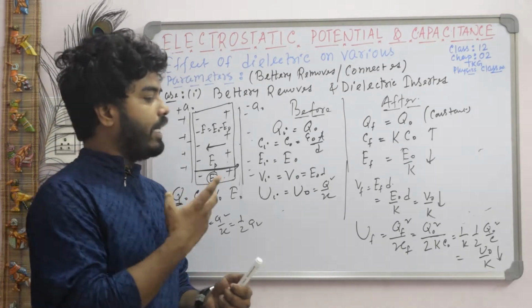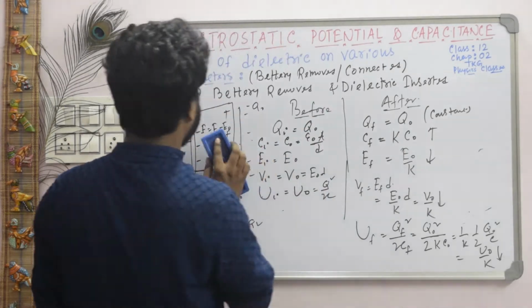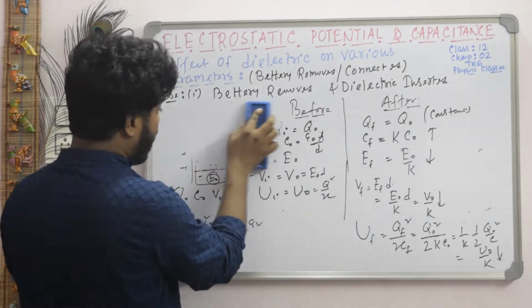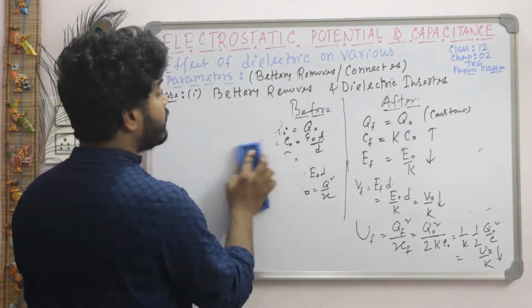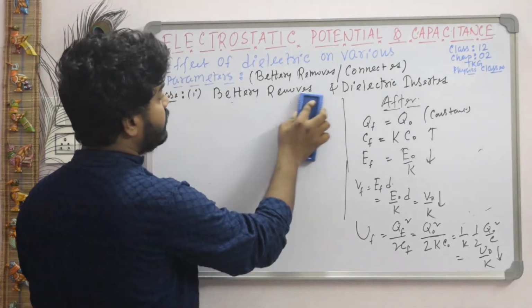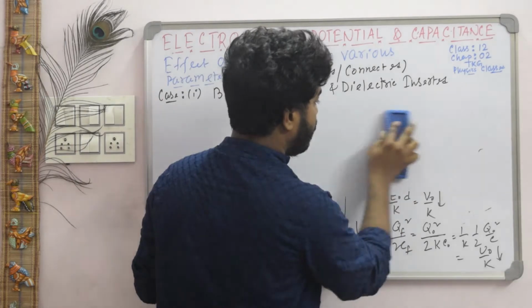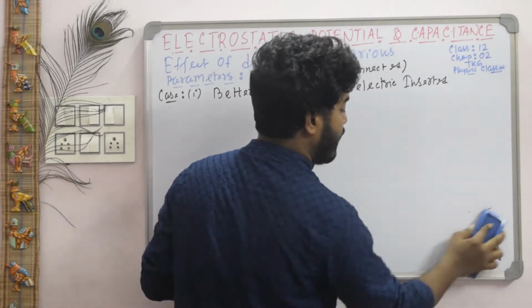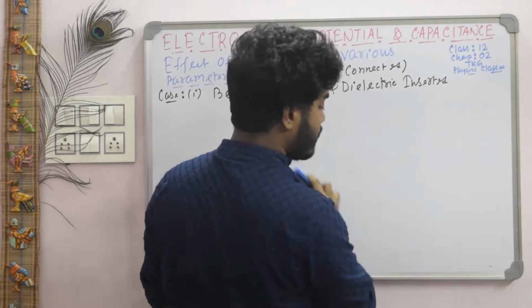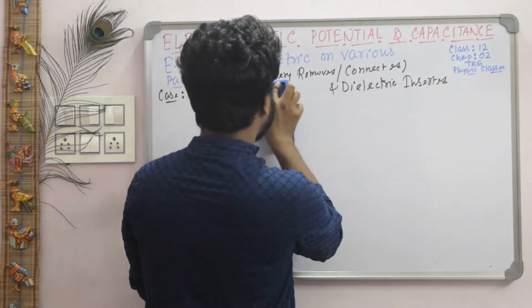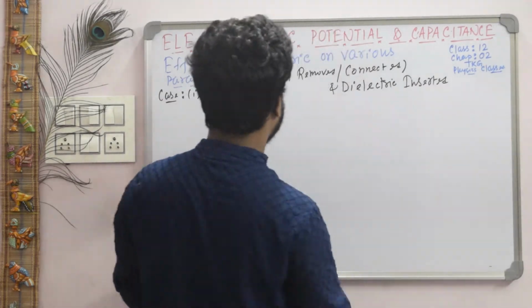Okay, now the second case, and the second case is when the battery is connected, then the dielectric slab is inserted. The battery is not removed, a battery-charged parallel plate capacitor, and the battery is connected.